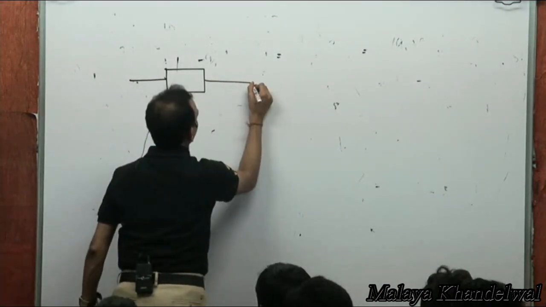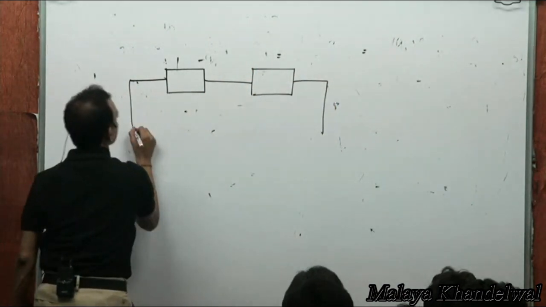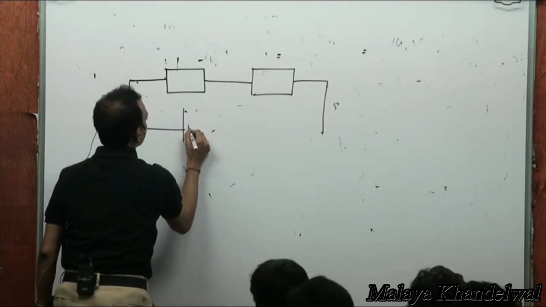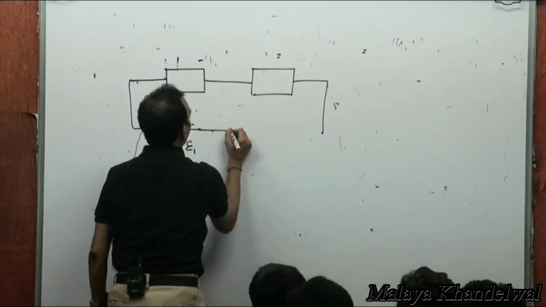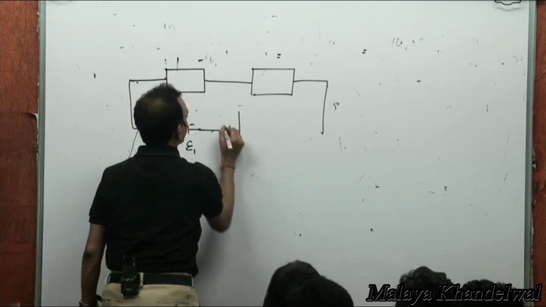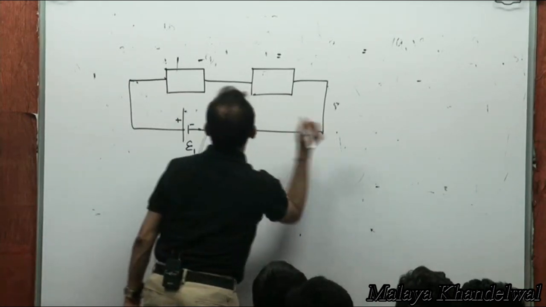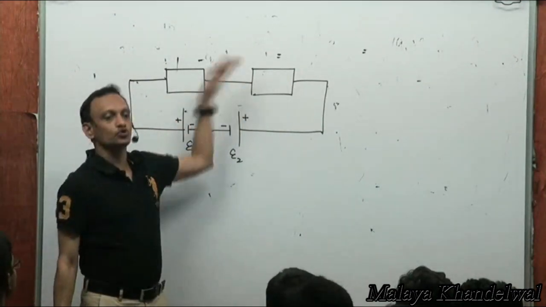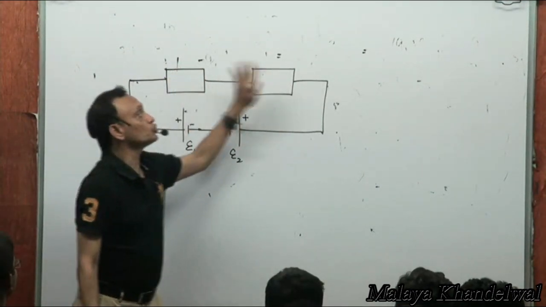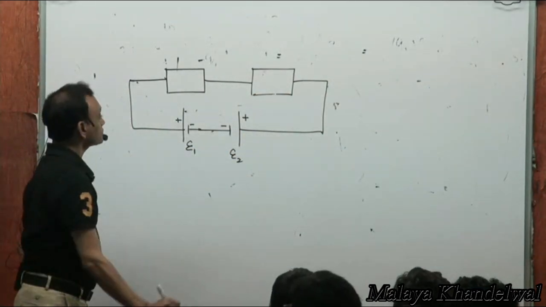This is an electrical element, this is another electrical element, and say there is a battery here of EMF epsilon 1, and there is a battery here of EMF epsilon 2 with polarities connected as shown. And these could be any two electrical elements. These could be resistors, these could be capacitors, does not matter.